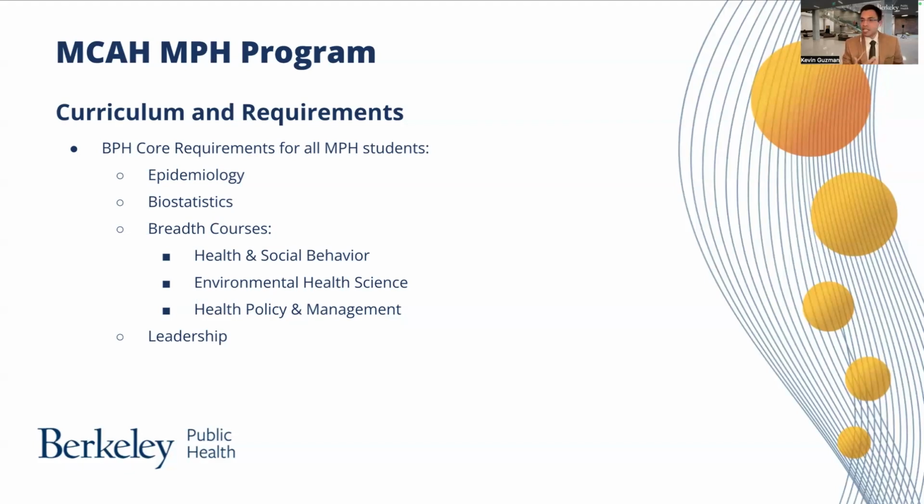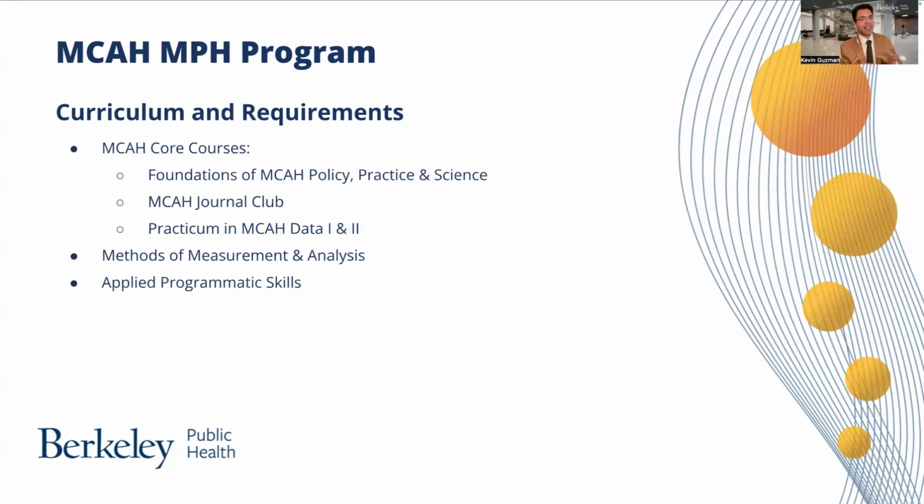Not only does this ensure that our students have a well-rounded understanding of maternal, child, and adolescent health, but it also emphasizes the interdisciplinary nature of our program, in which students will be taking courses throughout the School of Public Health. Now, lastly, we want to also mention that leadership is another core component designed to form our graduates into public health change makers.